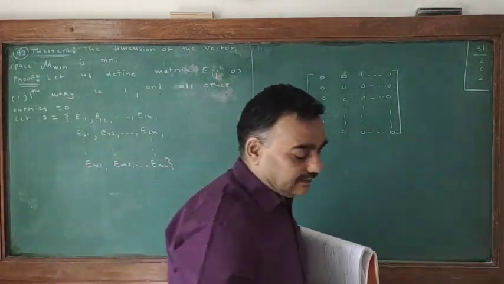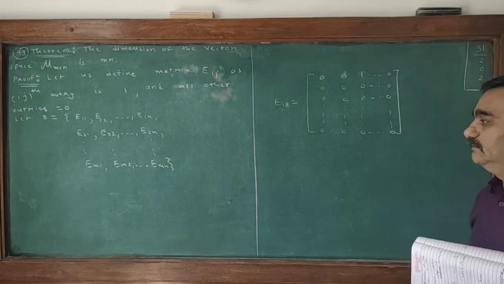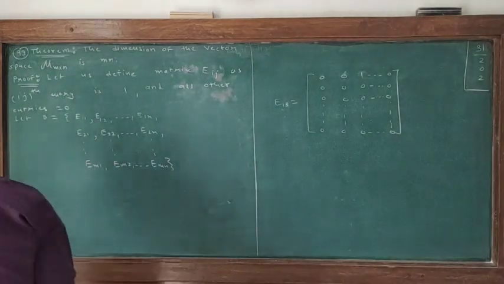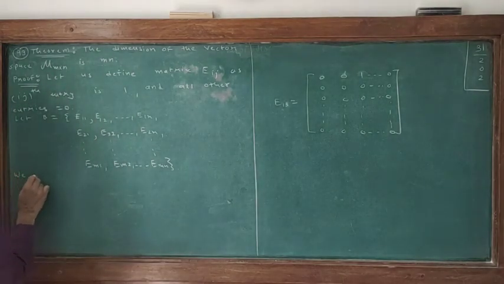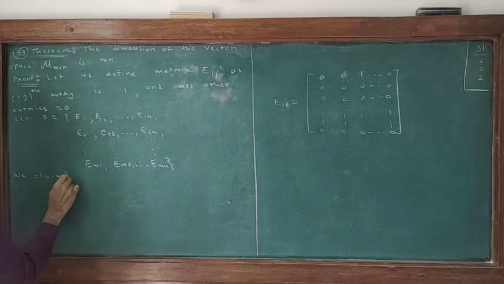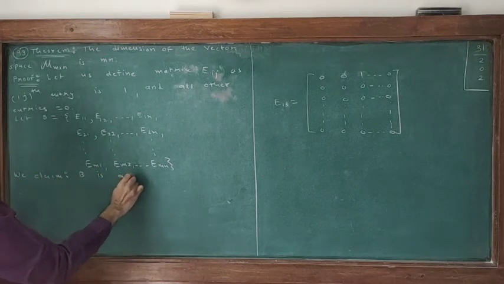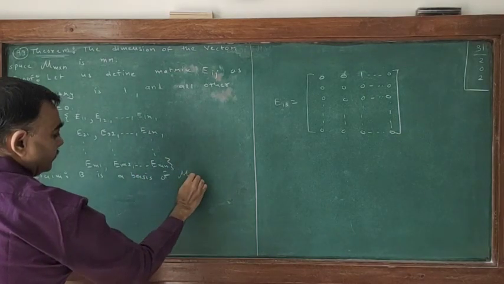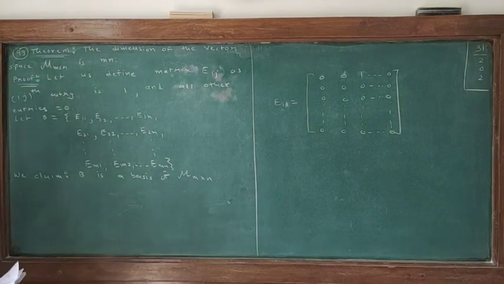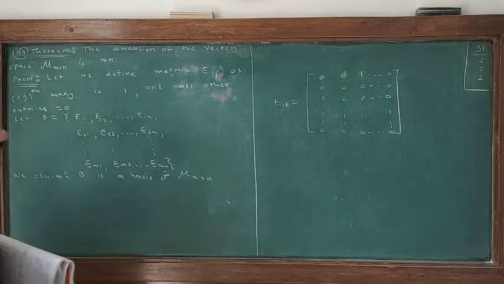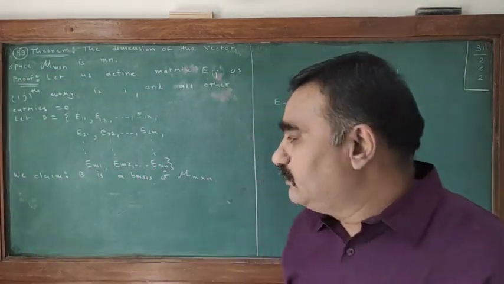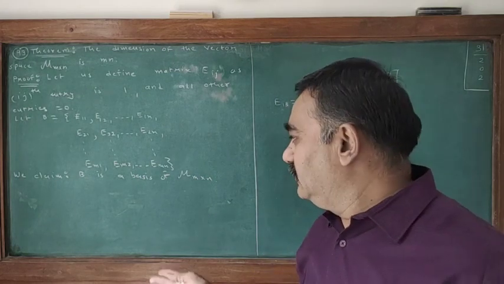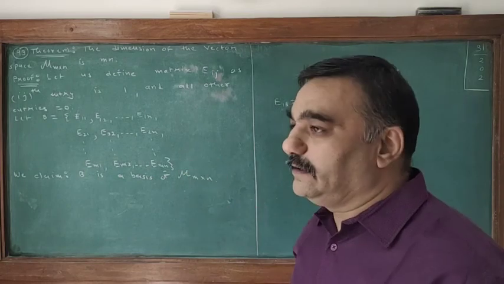We just define it like this. So, we claim B is the basis of the set M cross N. Means we have to prove two things. B is linearly independent, and second, the span of B is M cross N.